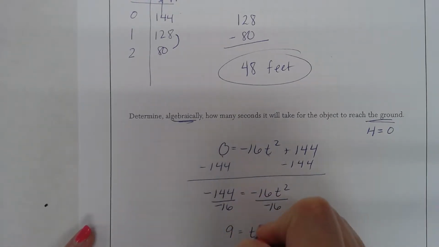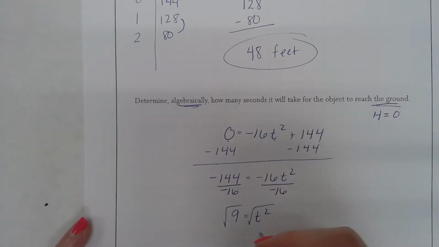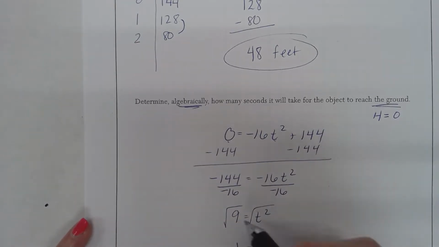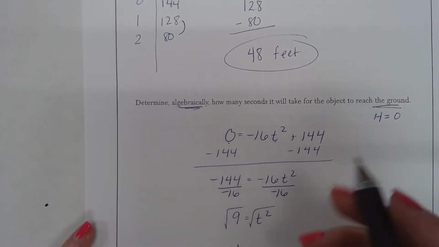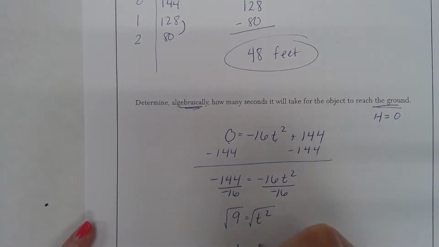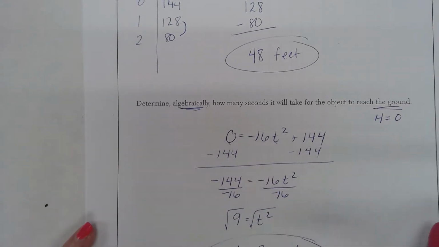To solve for t, I have to square root. So now t equals, remember, when I square root, I get a positive 3 and a negative 3. But because this answer represents time, I'm going to take the positive 3, seconds. And that's question 33.